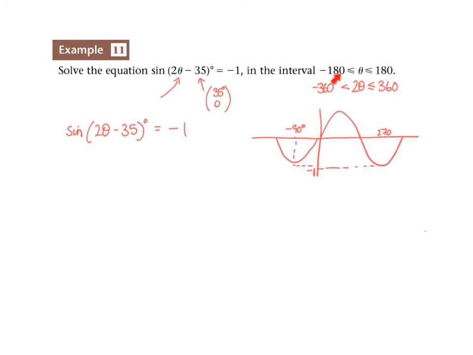Now that means we actually have to go up to plus 360 and minus 360. So there's going to be another value, or there could be another value as we go that way. So if we continue the graph on, it's going to come up and then go back down again.